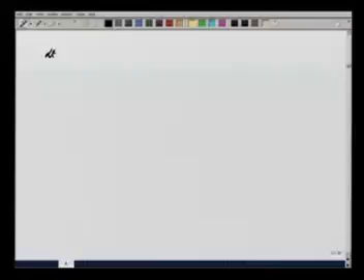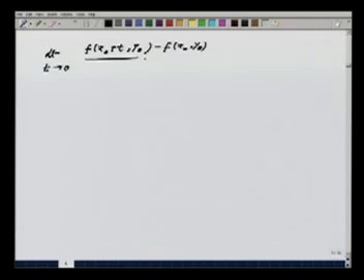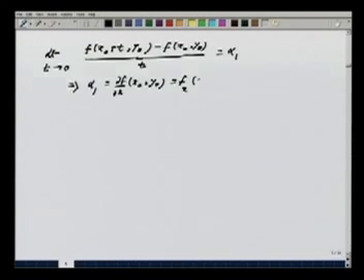Okay. This then implies that limit t going to 0, f of x naught plus t, y naught minus f of x naught, y naught, divided by t, equals alpha 1. This precisely implies by my definition that alpha 1 is equal to del f del x at x naught y naught, or fx at x naught y naught.